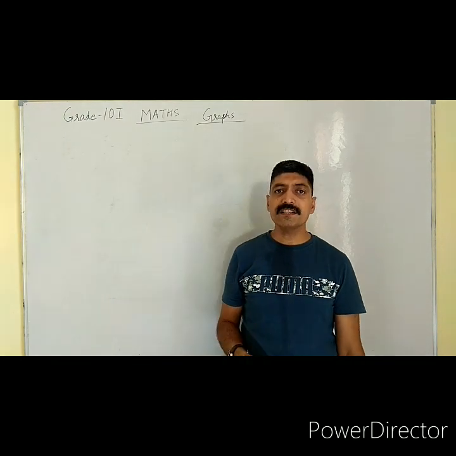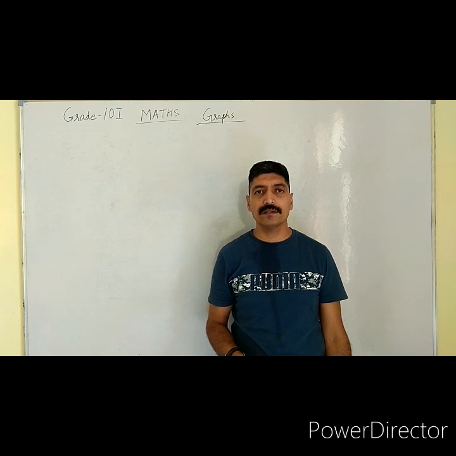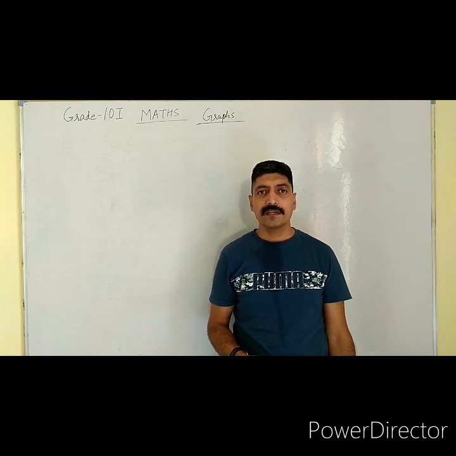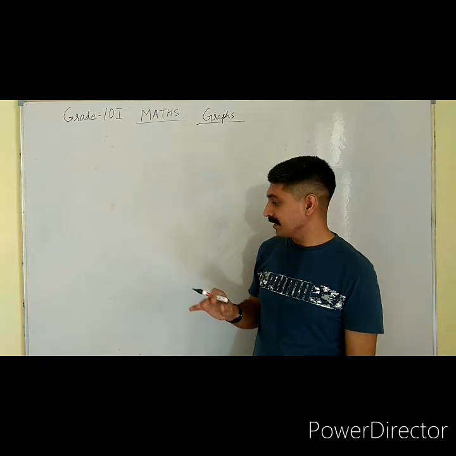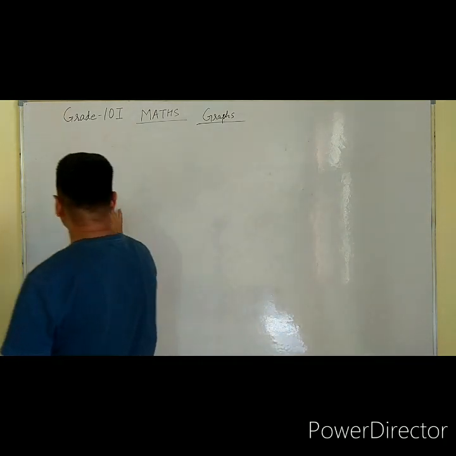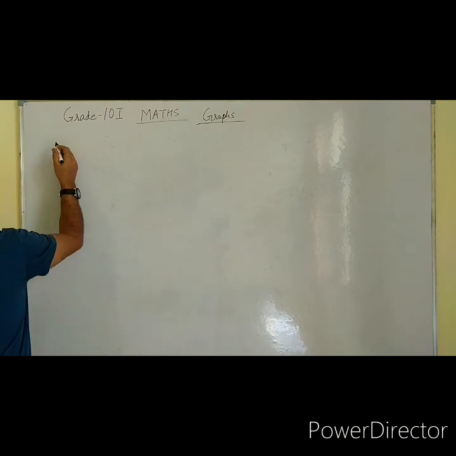In 17th century we have one mathematician, Cartesian. On his name we have one branch of mathematics called coordinate geometry.